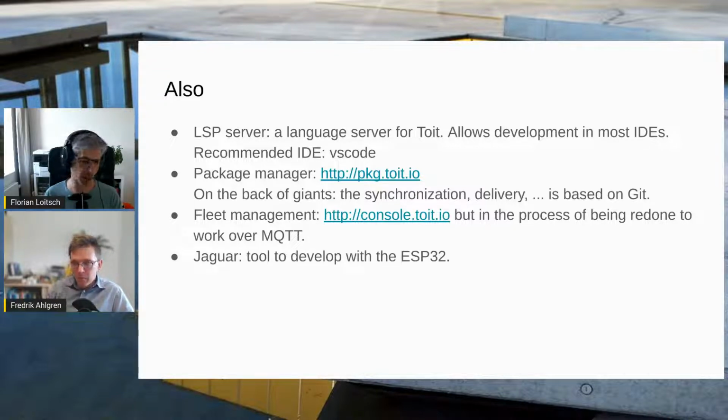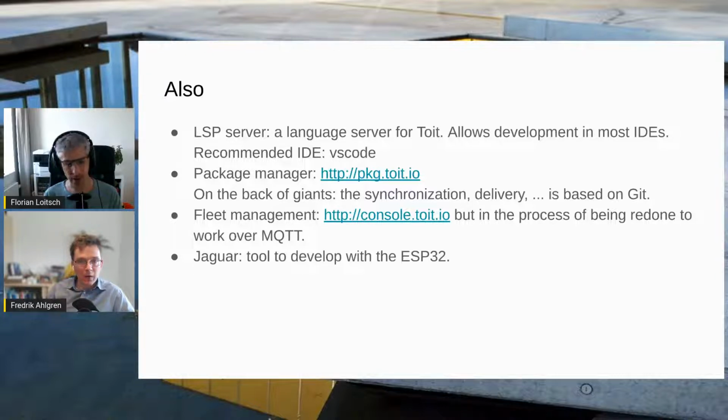You can definitely play with it if you want to see how this looks, but I would recommend sticking with the open source version, mainly because we're in the process of rewriting it to work over MQTT. As I've heard, you will have an MQTT course soon. That is just the better way of doing it. Instead of going through our own servers, going through an MQTT server you control is just better. So we will probably eventually discontinue the console.io offering.